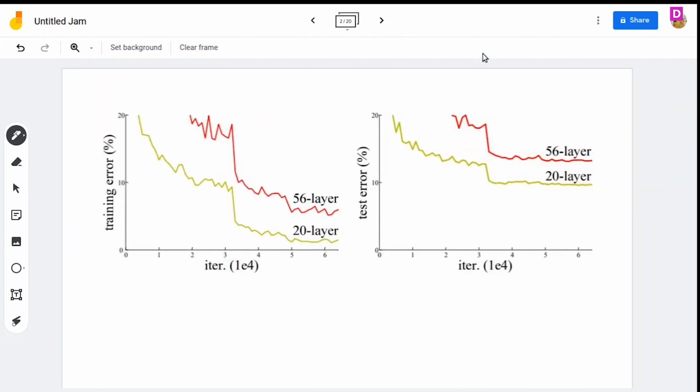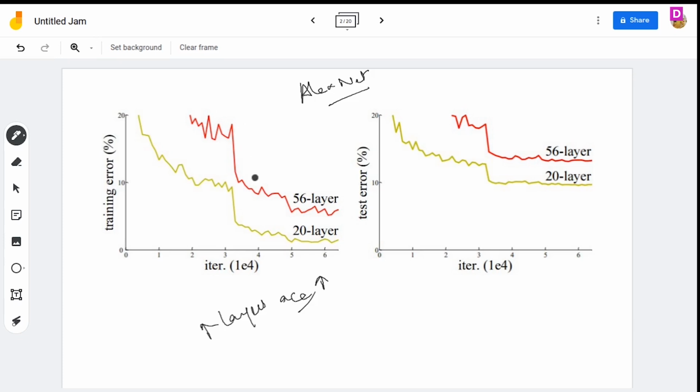So here we have a simple AlexNet network. Ideally, if you think about it, if you increase the number of layers, the accuracy should increase. Right, that is the most ideal solution that we always know. Increasing the number of layers, going deeper, will increase the accuracy, but that is not the case.